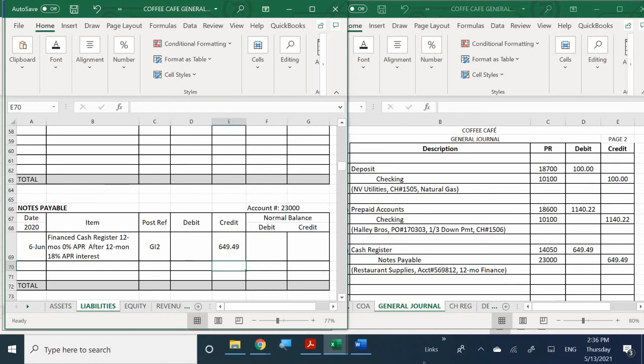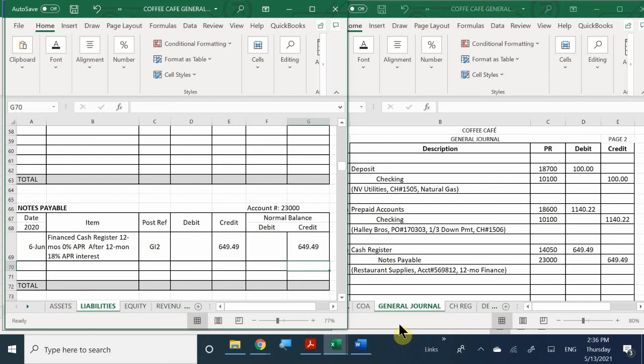So I'm going to be increasing on my credit side. Therefore, my balance is going to be on the credit side for $649.49. So every time you make a payment towards this cash register, you're going to slowly deduct the amount that you owe for this notes payable.